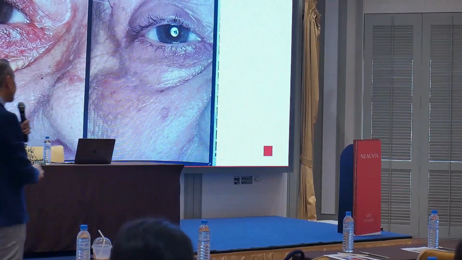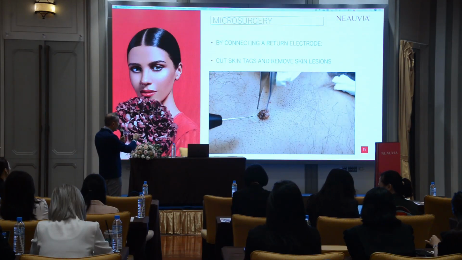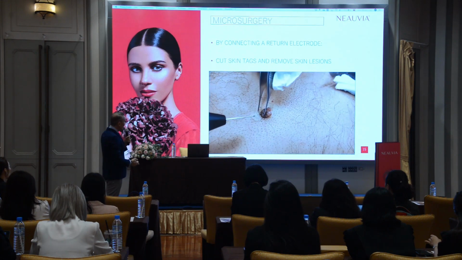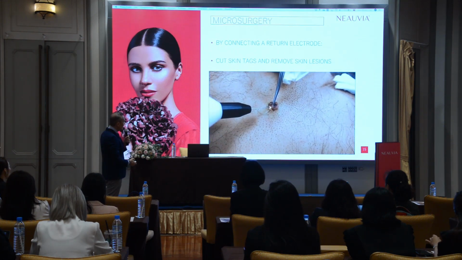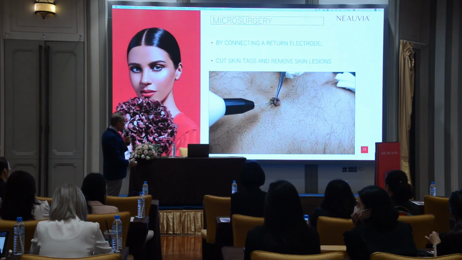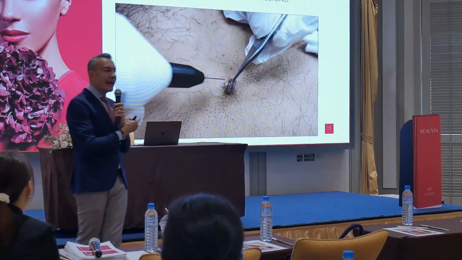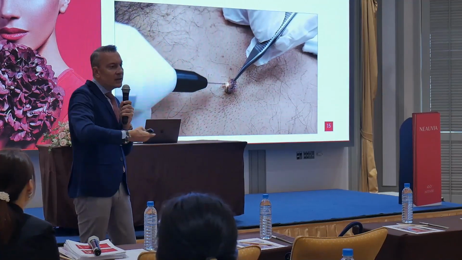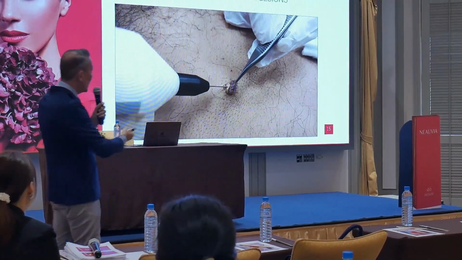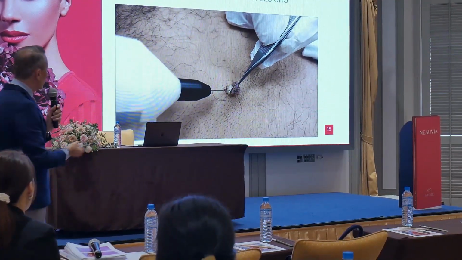So the plasma is a very nice surgical tool for the clinics. For instance, if you want to remove something like this, you see that with the plasma, you can slowly remove it. And this doesn't need any kind of precision. This is just a cut that you do at the level of the papillary dermis.